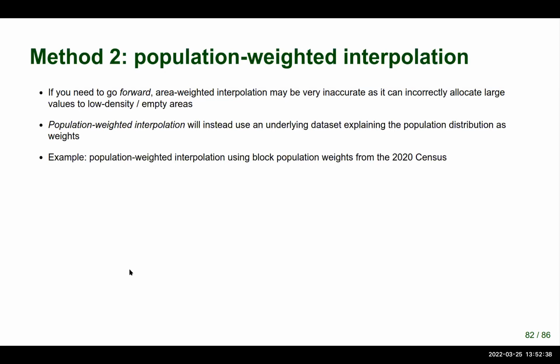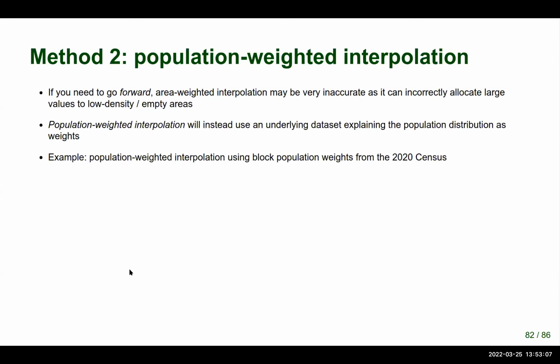If you're going forward, a better method is to use some other sort of weight. A method that I am showing here, which is not brand new but doesn't have a lot of implementations, is called population-weighted interpolation, where you use an underlying population surface, a data set that explains the population distribution at a small geography.